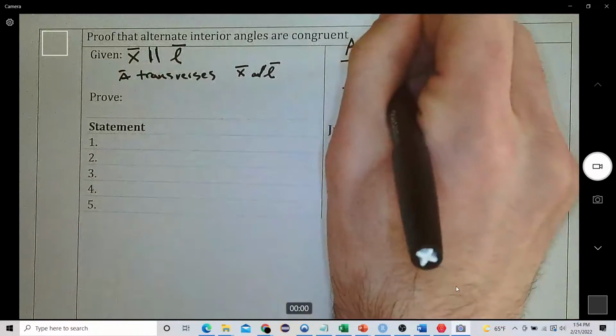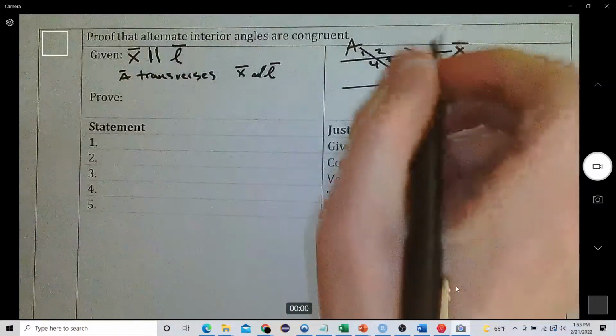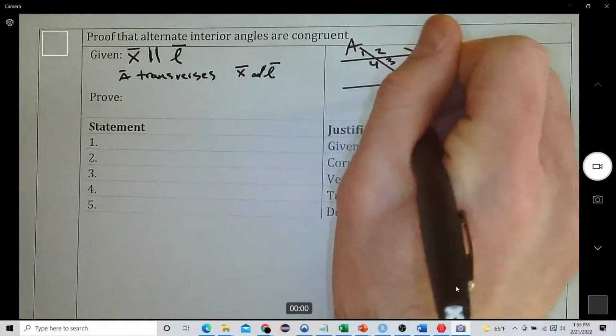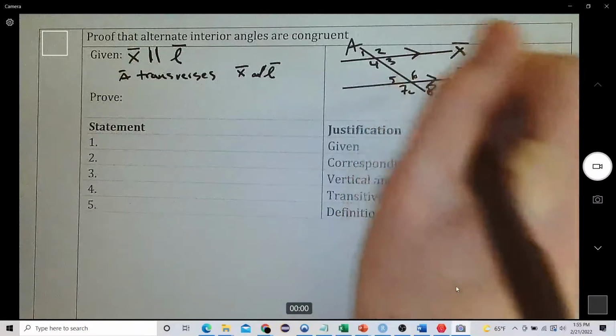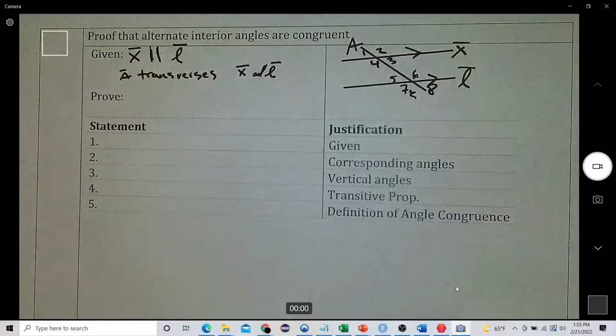All right. 3, 4, and then down here, well, let's put 5, 6, 7, and 8 down here. Okay. So we've just created a bunch of stuff for ourselves, so we can now prove stuff. That's what we're doing. We're creating ourselves a diagram that we can prove stuff with, right?